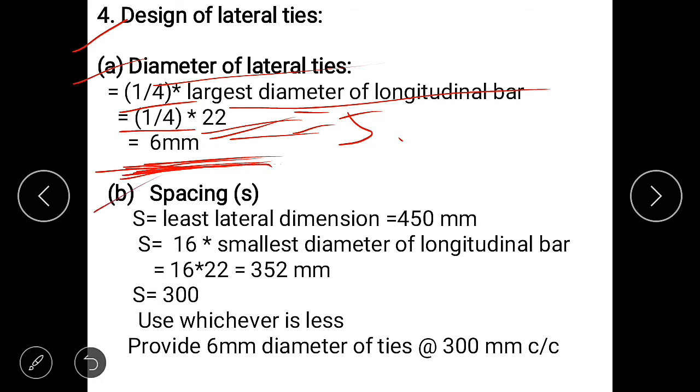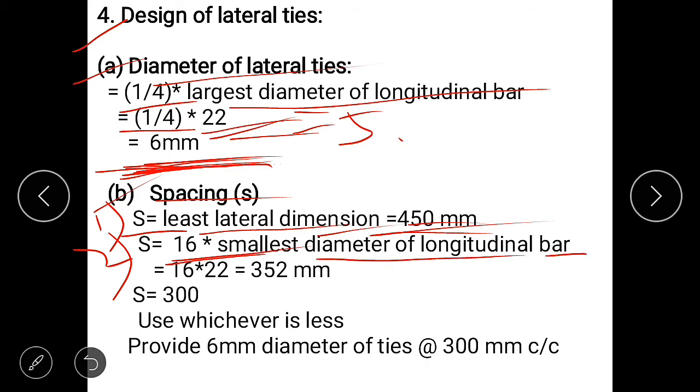Now we have to calculate lateral tie spacing. The first is least lateral dimension. Our column dimension is 450 by 600. In 450 by 600 the least dimension is 450, so take 450. Now the second spacing equation is 16 into smallest diameter of longitudinal bar. So 16 into 22, the answer is 352 mm. And third, consider here 300 mm.